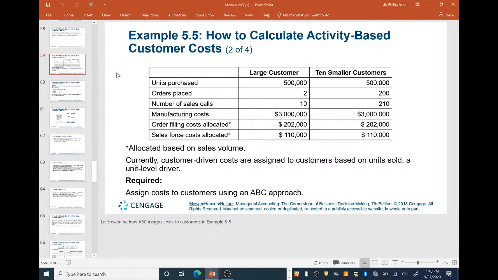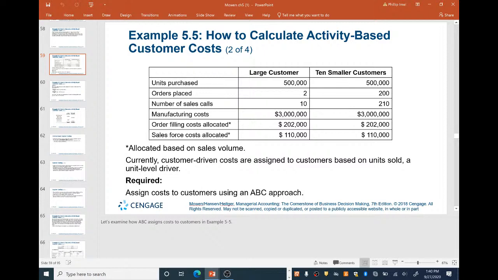Okay, so we can see here once again that we have a large customer that purchased half of the overall sales, and then the 10 smaller customers accounted for the same amount of activity as the larger customer. If the 10 smaller had the same volume as the large customer, then the units purchased from the two are going to be the same at $500,000.